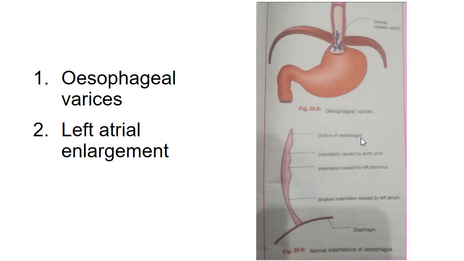The normal indentations or constrictions on the esophagus should be kept in mind during esophagoscopy. These are the normal constrictions, as I have already told you, which must be kept in mind during esophagoscopy or gastroscopy.